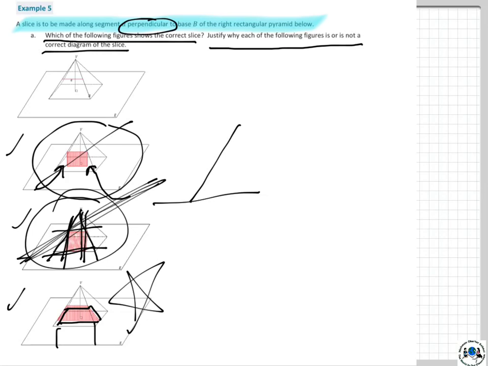We can tell that it's moving downwards, and it's going to be moving across that way as well. So it reaches all the way, and this will create that perfect little slice of this right rectangular pyramid.